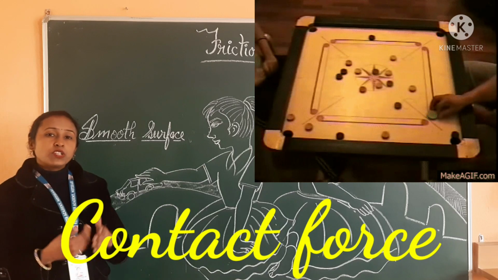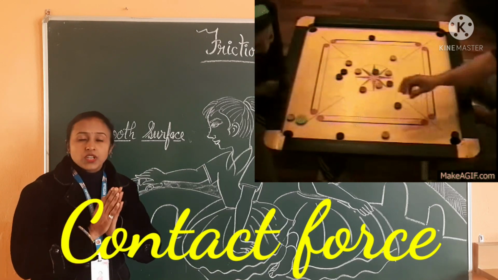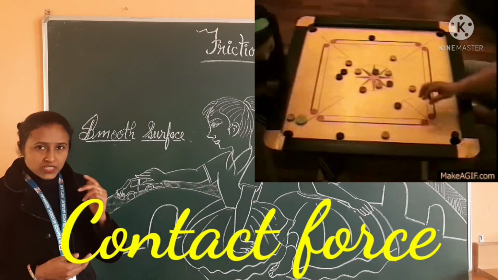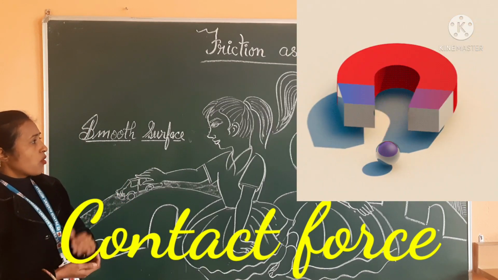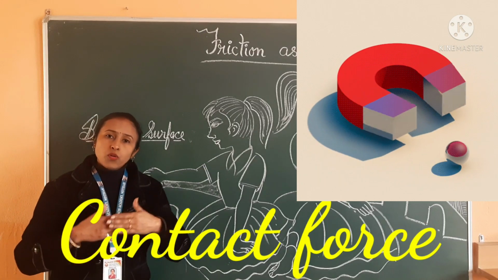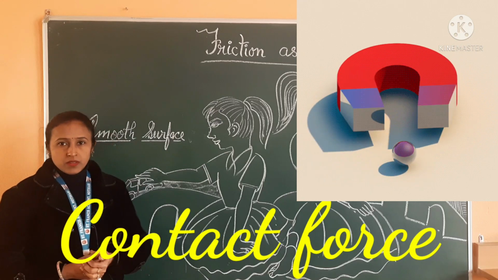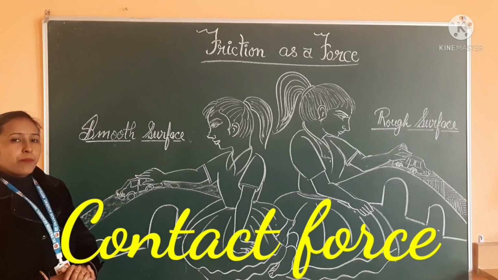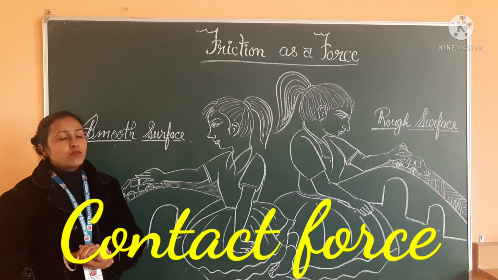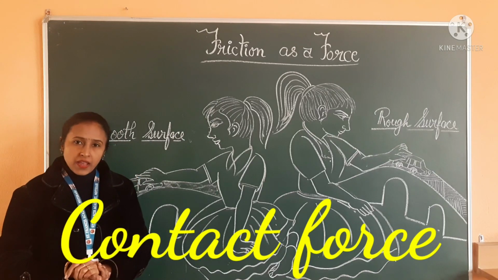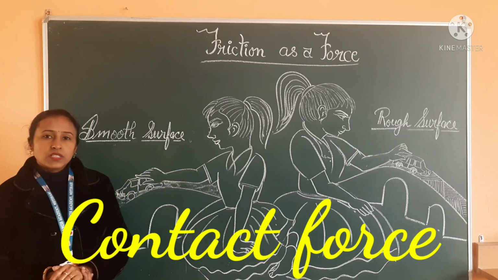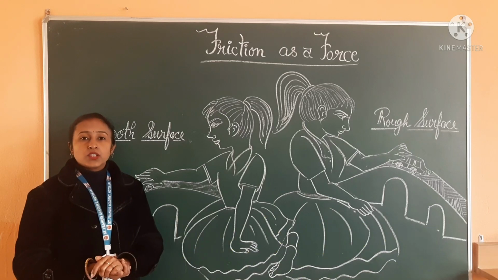Whenever objects are in contact with each other and only then the force occurs, that is known as contact force. Non-contact force means the objects are not in contact. That frictional force only applies when two objects come into contact, so frictional force is known as a contact force.